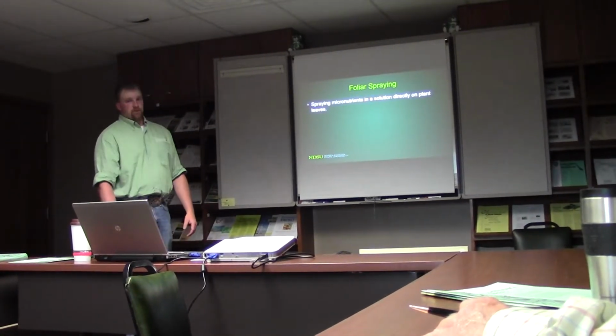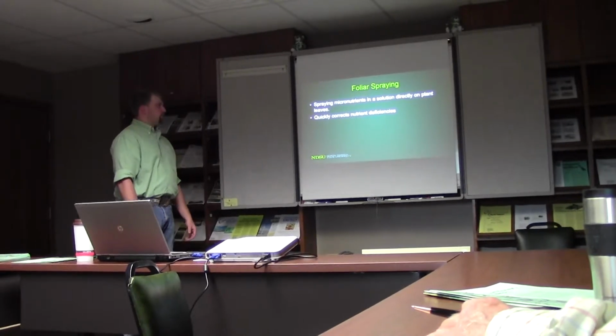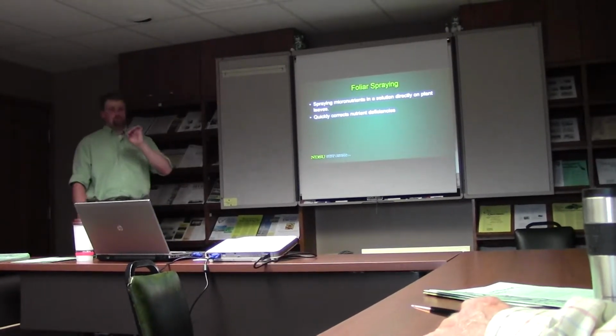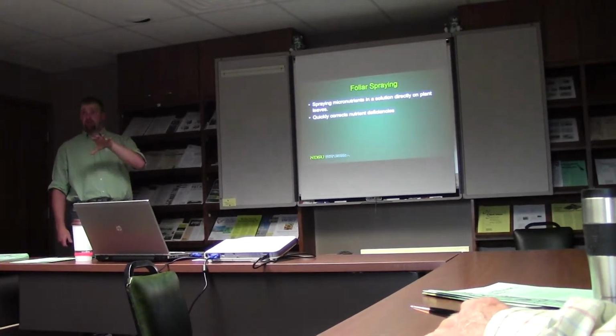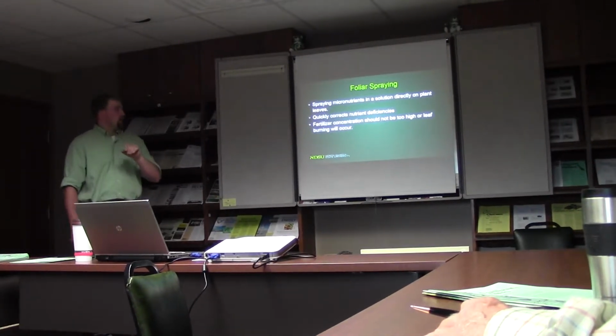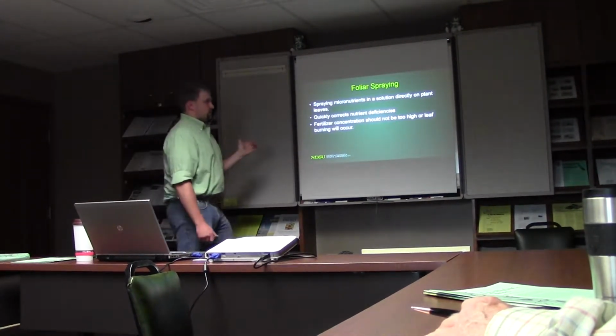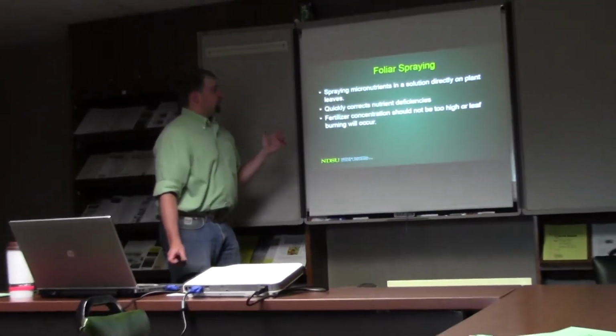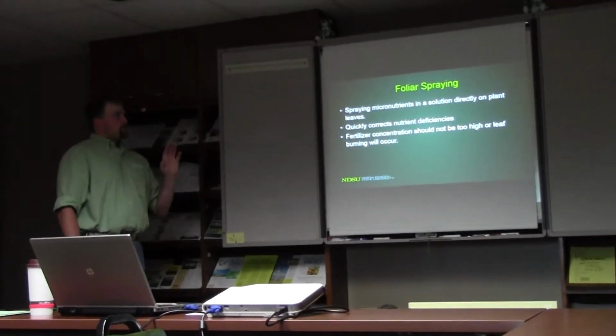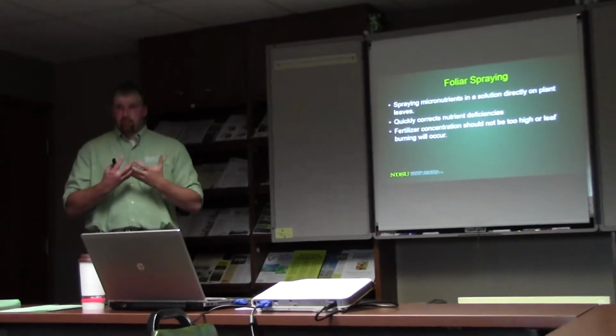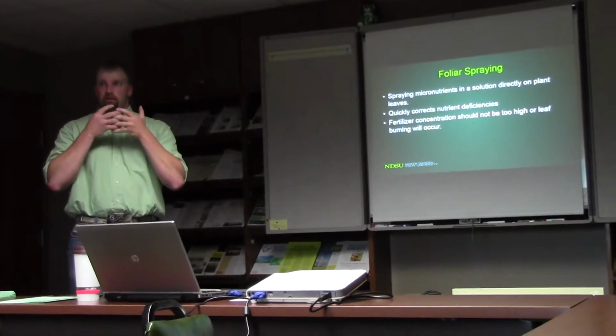Okay. Another one that works pretty good is foliar spraying, where you essentially take those micronutrients and you apply them directly to the plant. How it works is the concentration shouldn't be too high. Typically you will mix it in with your watering.